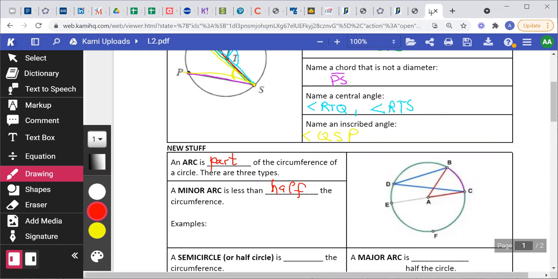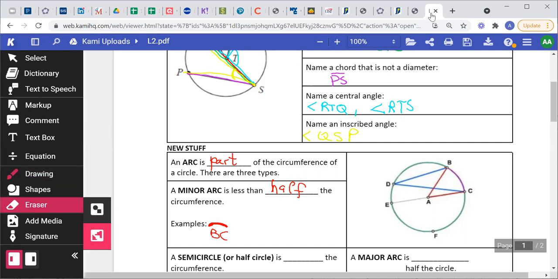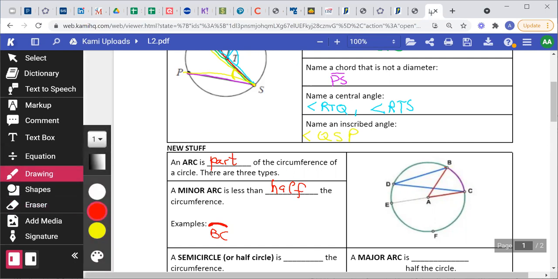This is how an arc is represented. When you write the letters like BC, make sure you write BC this way, and then you put this symbol over it, like a cover, as if you are trying to draw a circle. So BC is an arc. And as you can see, BD is also a small arc. So BD is also a minor arc.